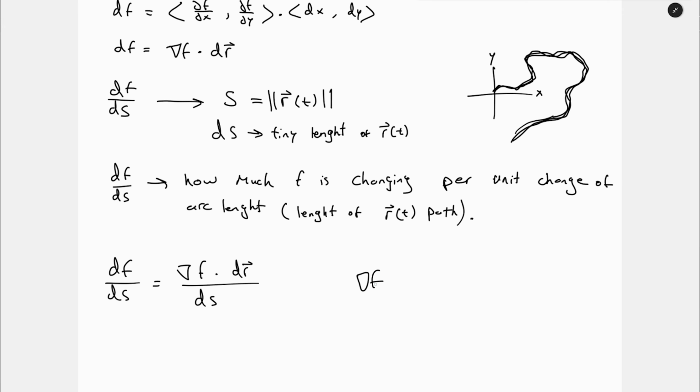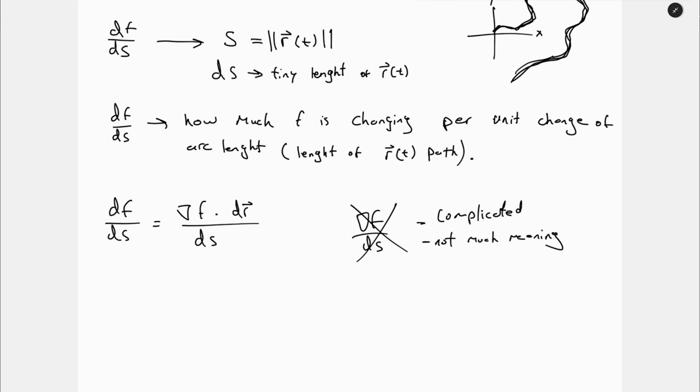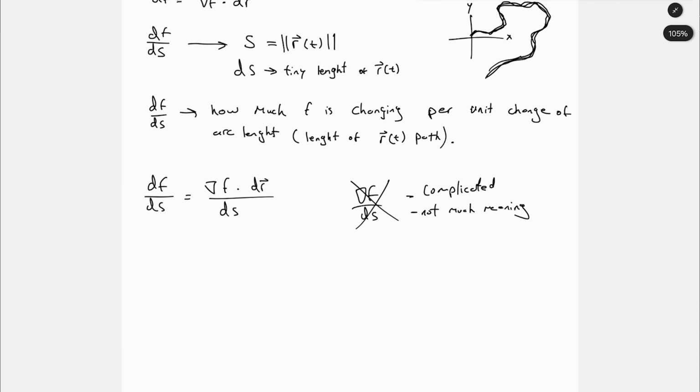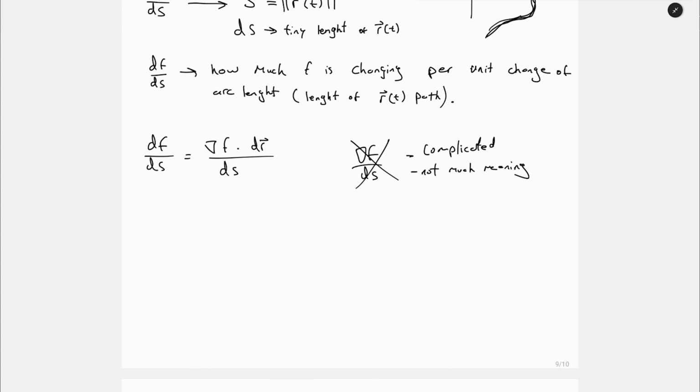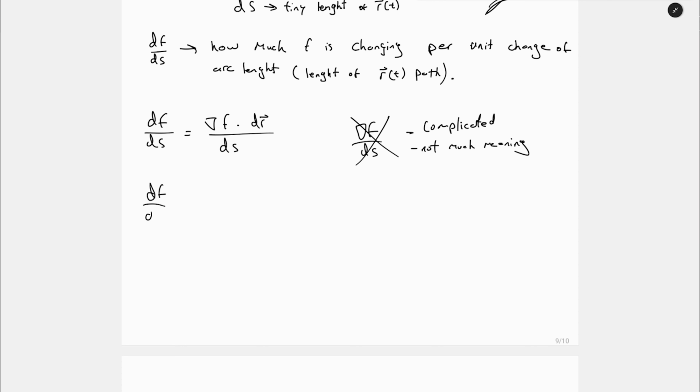If you divide gradient by ds, this is gonna make it complicated and not much meaning. So I actually never tried it, but don't try it. So then we are left with the only other option, grad f times dr ds.